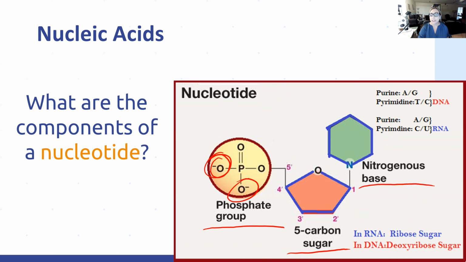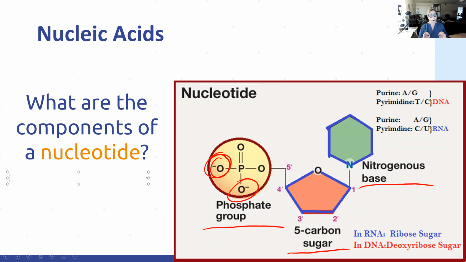And then finally, we have a base. Again, it says nitrogenous base, meaning it has nitrogen. But what I really care about is that you know it's a base. So I'm going to write this for you here. So I asked you, what are the components of a nucleotide?